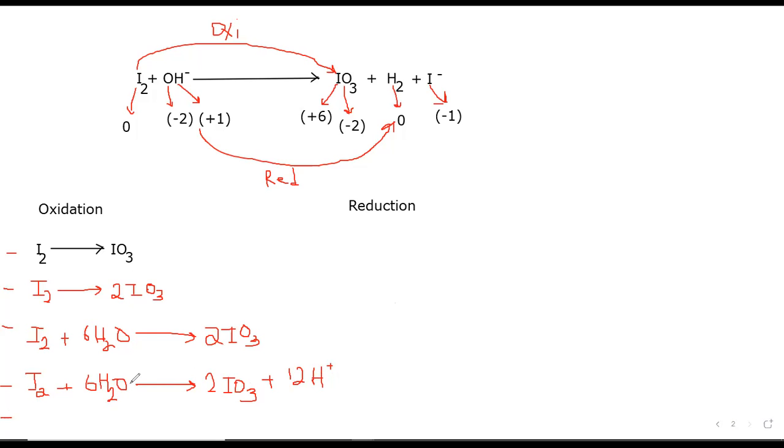Okay, so we have 2 iodine this side, 2, hydrogen 12, 12, oxygen 3, 6 on one end and the other end. So we now need to balance the electrons. I've drawn the same thing down here, for those of you trying to follow through.